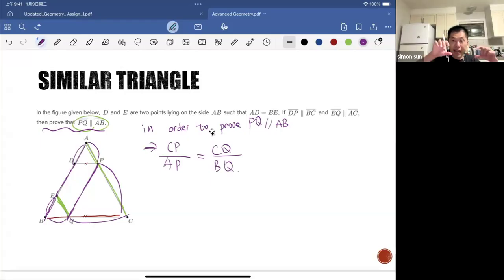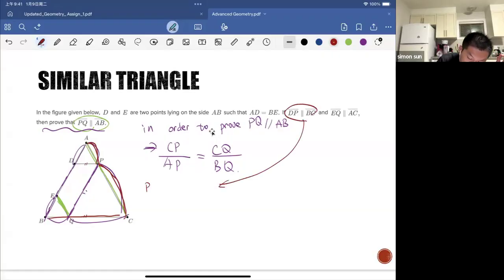Okay, if we can prove those two sides are divided into the same ratio, we actually prove this line will be parallel to AB. Now, CP over AP. Look at this one, the red one. What other information we have is DP is parallel to BC.